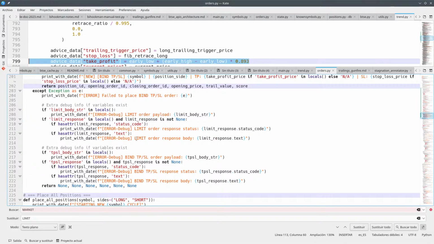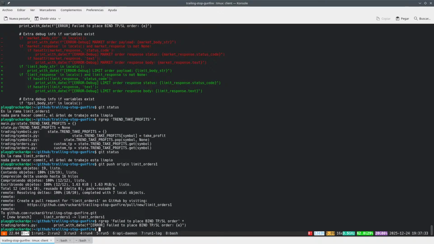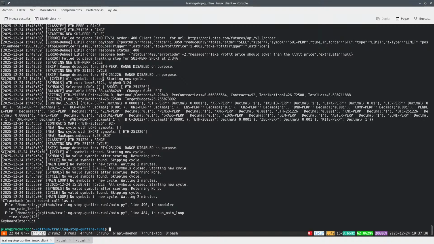So limit order, okay. So we can ignore this saying that it's a Binance TP/SL order, because actually what happens if the problem is the limit order is not okay, because the take profit is lower.